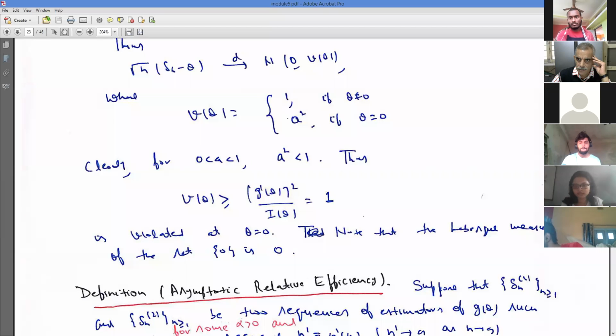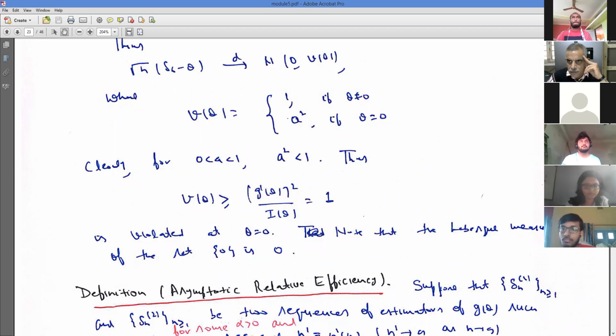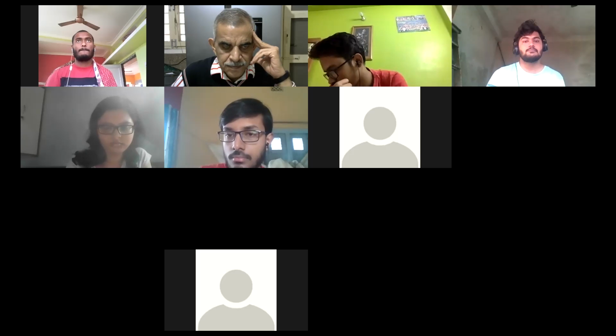Sir, I have a doubt. In the case where theta is not equal to 0, you are showing that the mod of x bar converges in probability to mod of theta, right?